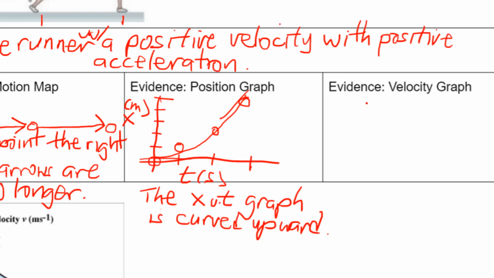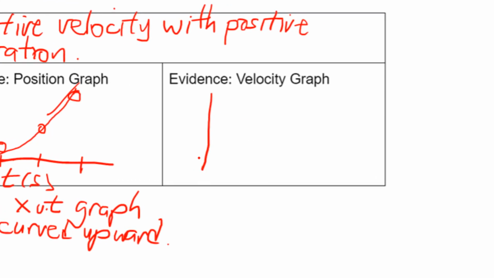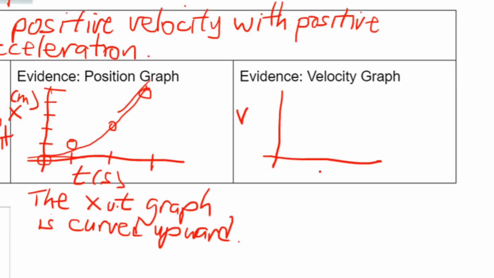The last item I want to support this with is a velocity graph. On a velocity graph, we'll have velocity on the vertical axis, time on the horizontal axis. We'll arbitrarily assume that these are seconds on the horizontal axis and meters per second on the vertical axis.